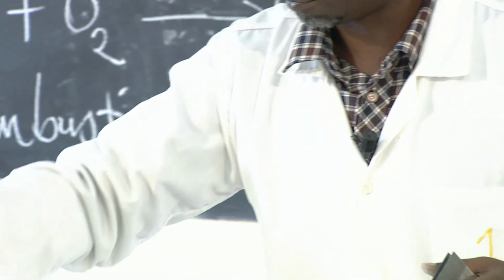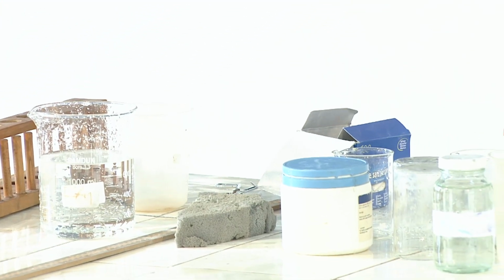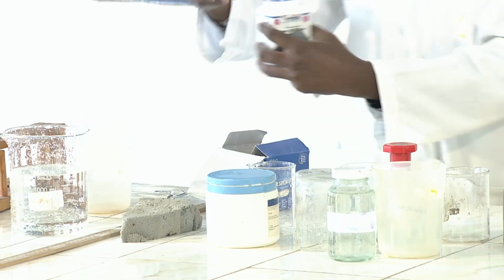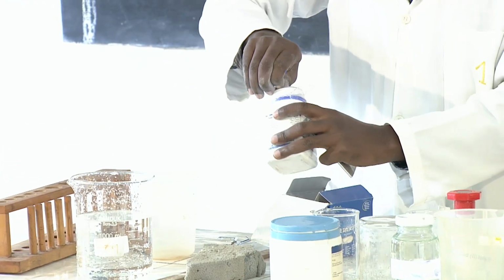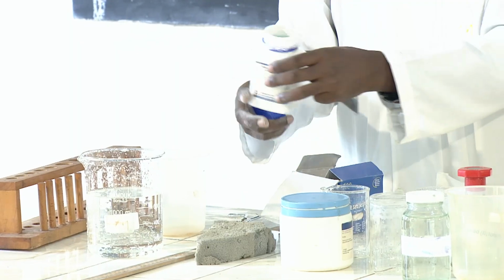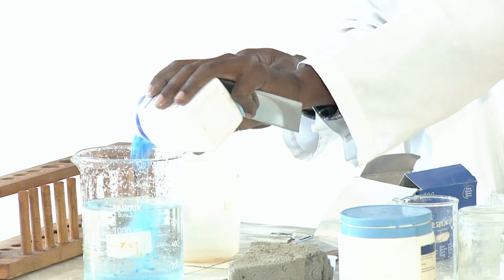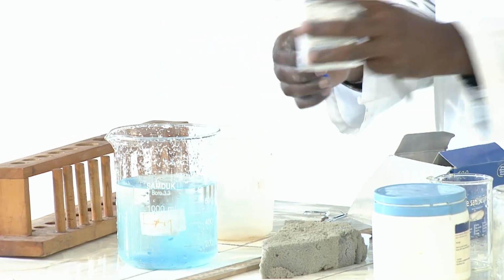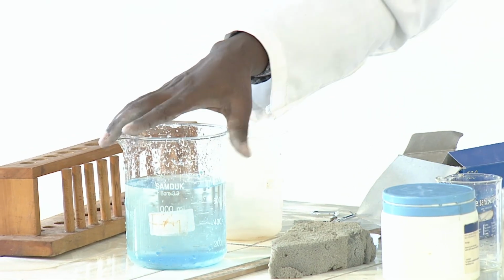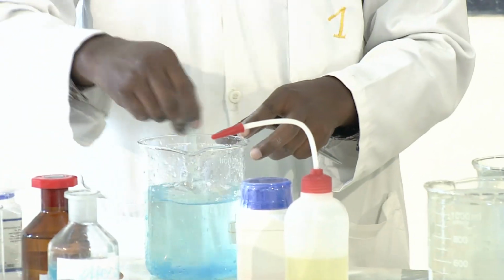This is just water. I'm going to make a solution of copper sulfate. Copper sulfate is this one. I just make a solution of that, and then you will predict what is happening. I'm just making a solution of copper 2 sulfate.